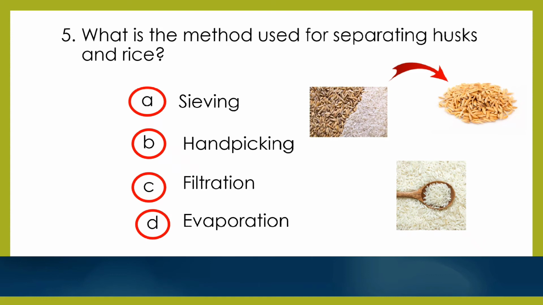And letter D, evaporation. Can we use the heat of the sun, or the heat of the fire, to separate the husk from the rice? What is the best method that we can use? Now you may write your answer on your notebook.